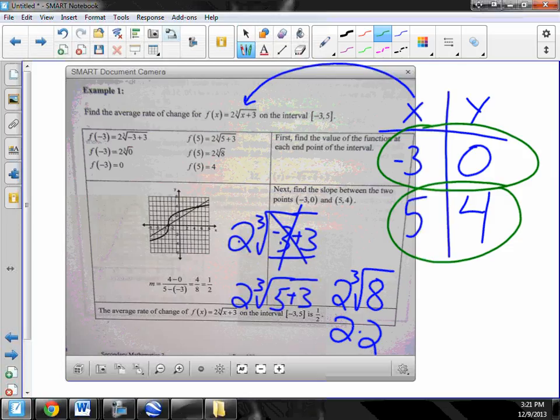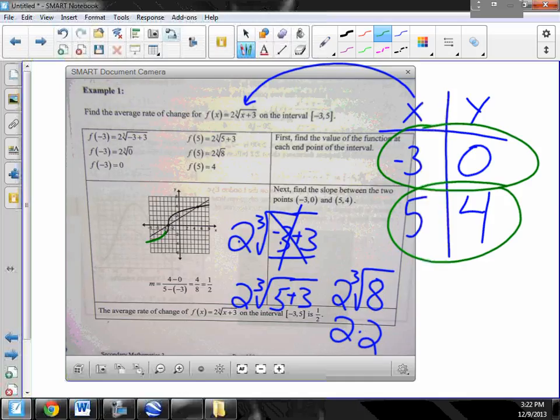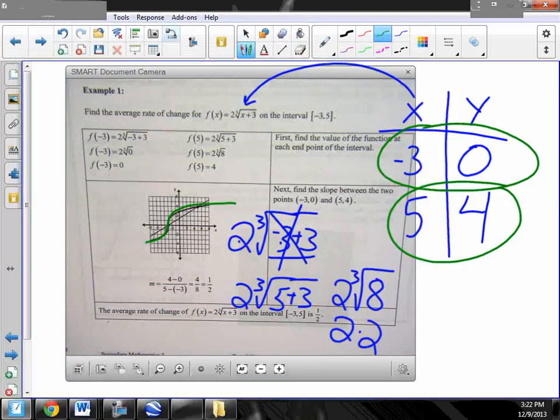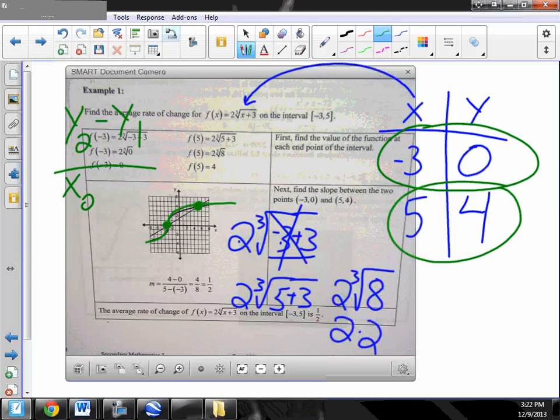So the average rate of change is the slope between those 2 points. And they've given you the graph. So you can see this graph here, and there's the point -3, 0, and here's the point 5, 4. To find the slope, I just need to do the second y minus the first y, divided by the second x minus the first x.